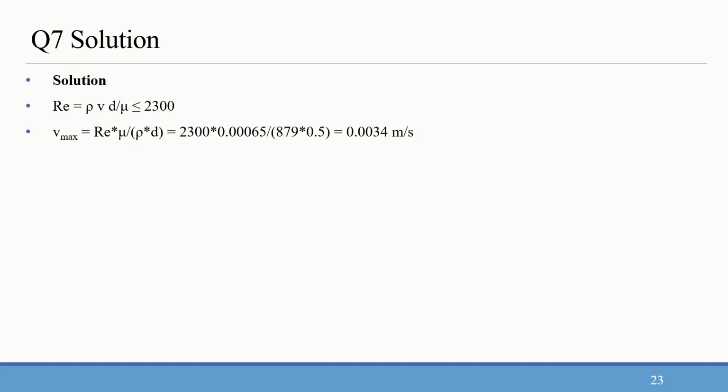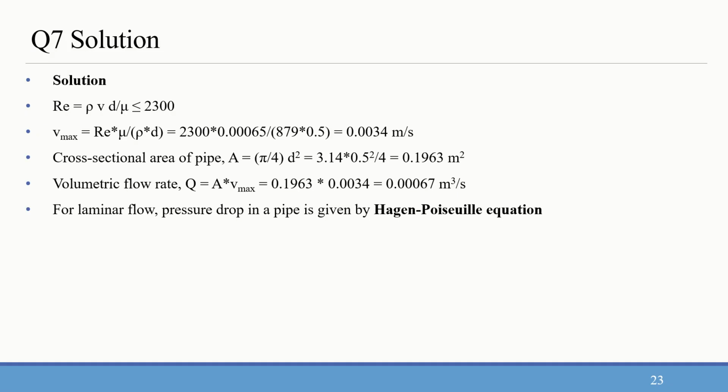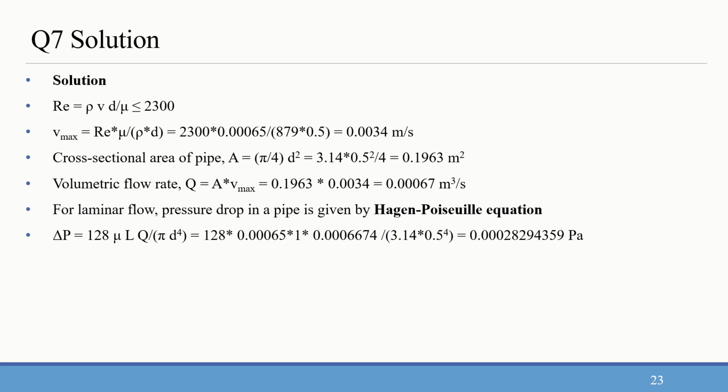So now we need to use the Hagen-Poiseuille equation, and it is 128 mu into L into Q divided by pi d power 4, and on substitution what will we get? 128 into 0.00067 into 1 into, oh, this is for viscosity, that is for flow rate. 0.00065 divided by 3.14 divided by 0.5 to the power of 4.